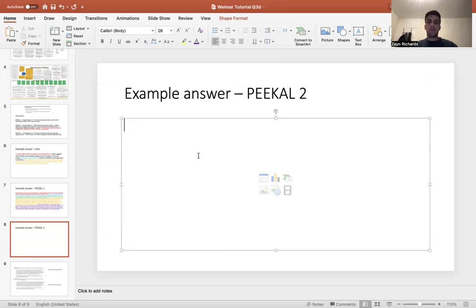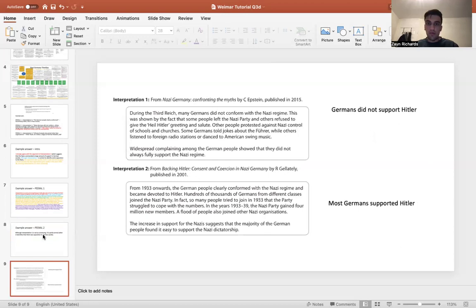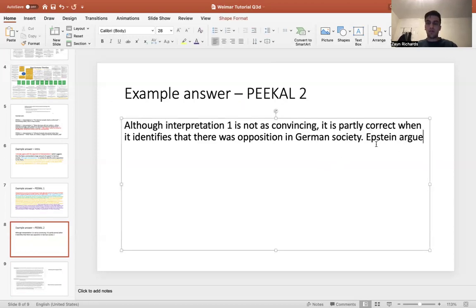I'm going to start by saying, although interpretation one is not as convincing, it is partly correct when it identifies there was opposition in German society. And then let's give the name of the author. So Epstein argues.